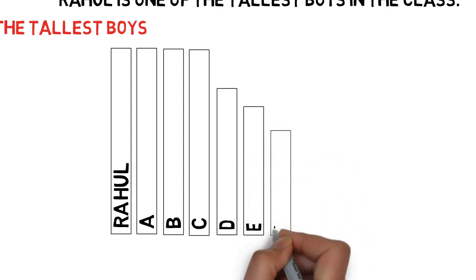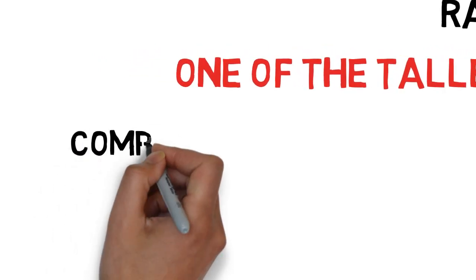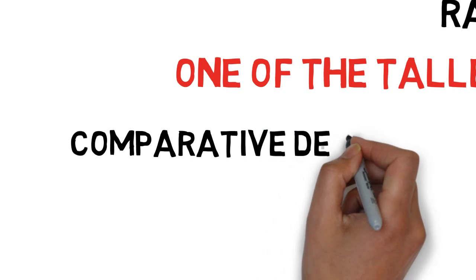In the second example, in the second type, we have seen that Rahul is the only one, but here there are many equal to Rahul. So this is the difficulty. So how to write? First of all, we shall try to write the comparative degree.